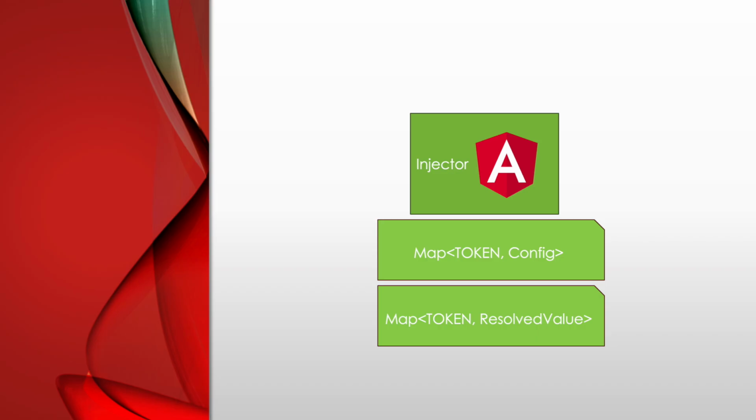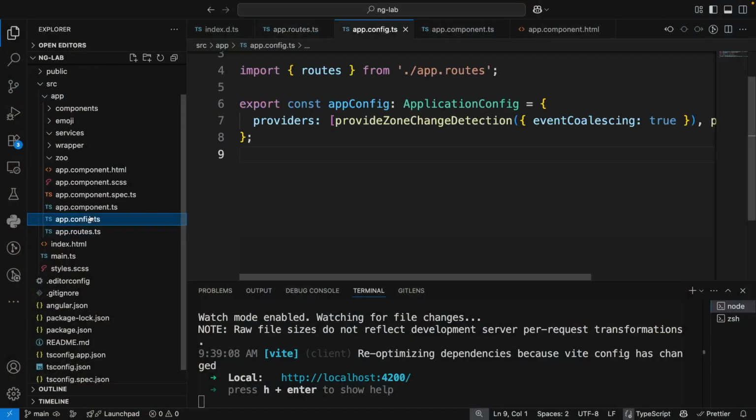So, what types of tokens does Angular support? I always recommend looking into the Angular types to understand what the class does and what Angular expects from us. First, we need to check the documentation to see what type can be used as a token. Let's check app config and the providers property.